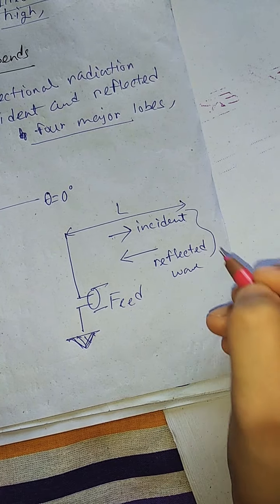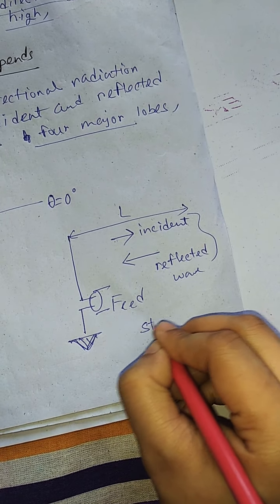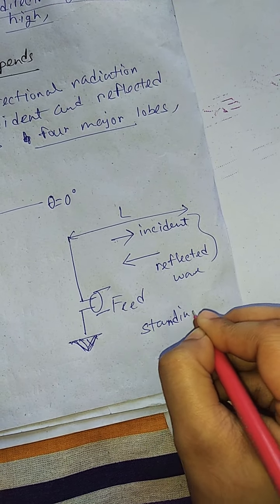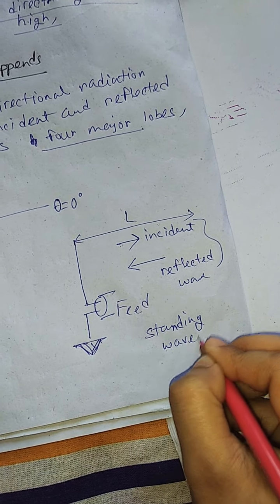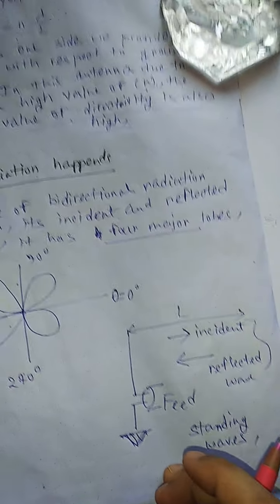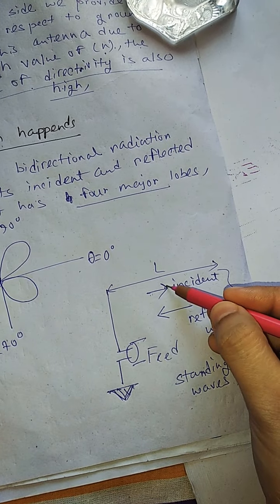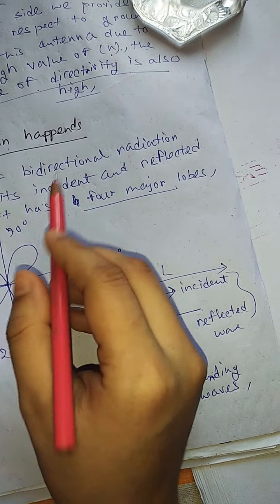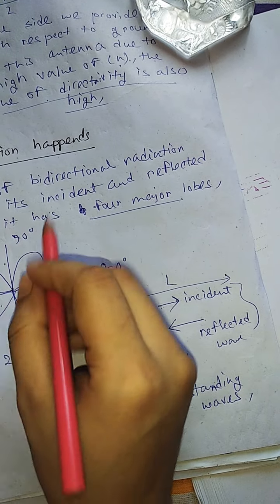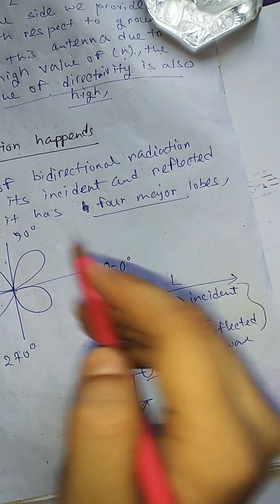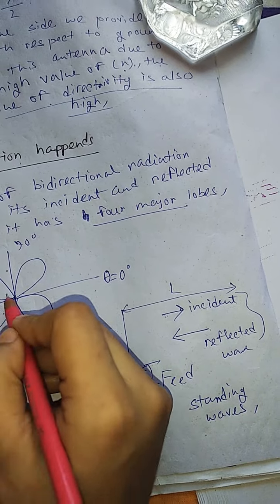Because of these two waves, it generates standing waves. With this opposite direction, it has bidirectional radiation, and with the help of it, 4 major lobes.